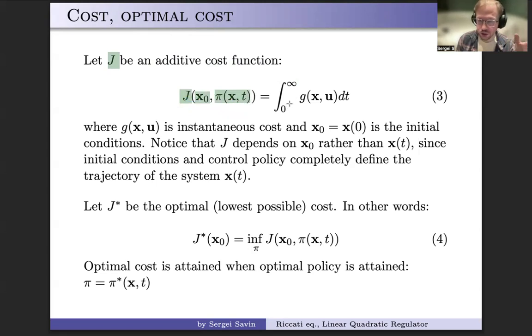What it does is integrate from 0 to infinity a certain instantaneous cost, but x here is the x that is produced as a solution to the differential equation x dot equals f of x, with this initial condition and this control law. So that's how this cost function works.